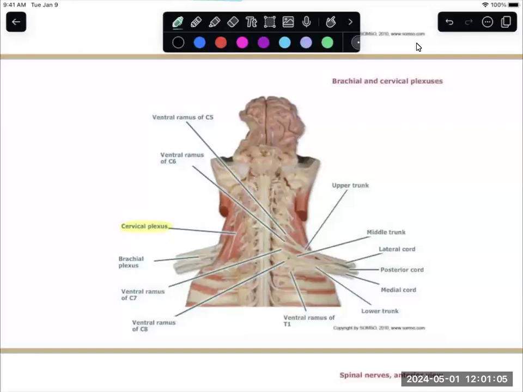There's one specific nerve off of the cervical plexus, this one right here. That nerve is important. That is the phrenic nerve. The phrenic nerve here is the nerve that lets us breathe. That is coming off of that cervical plexus.